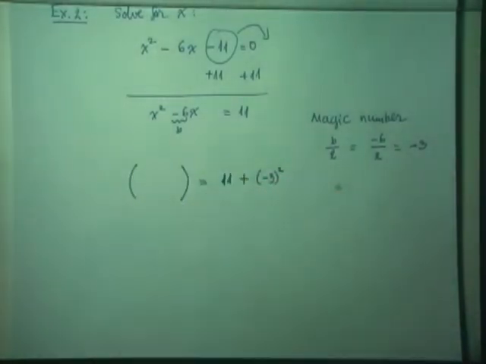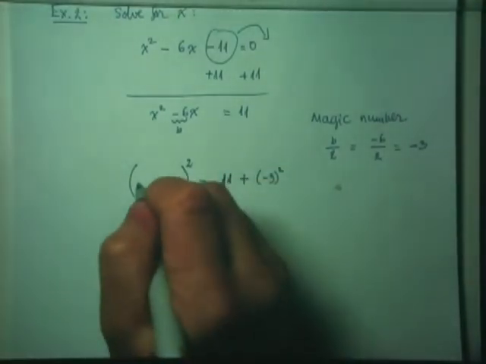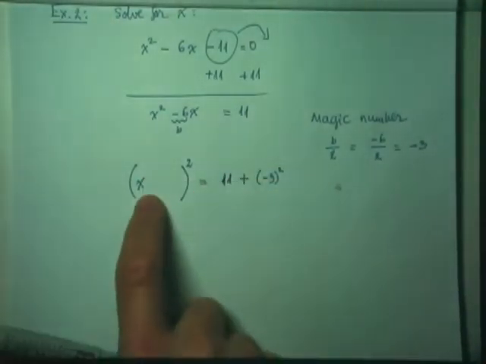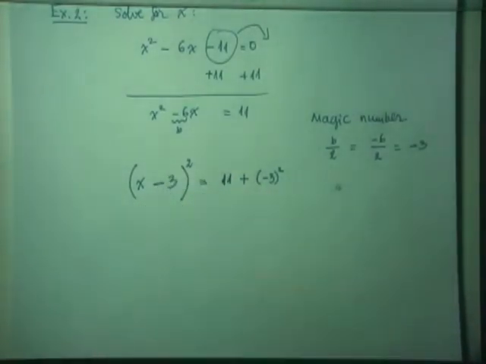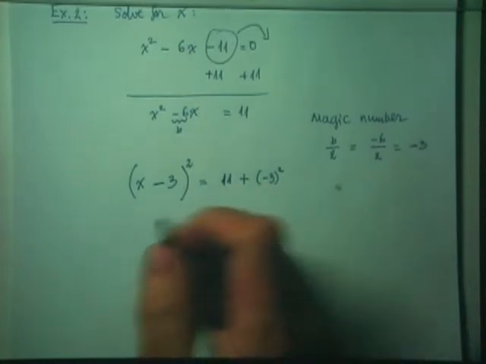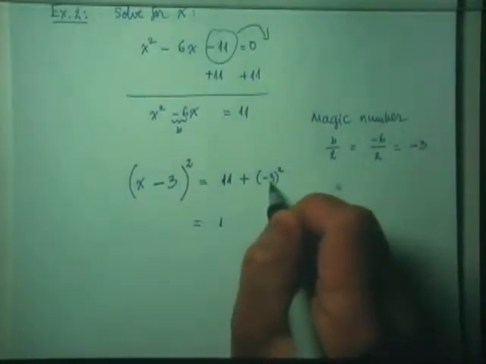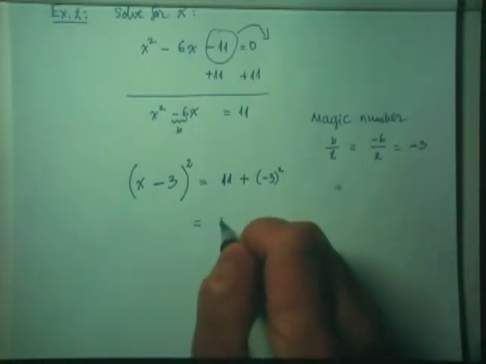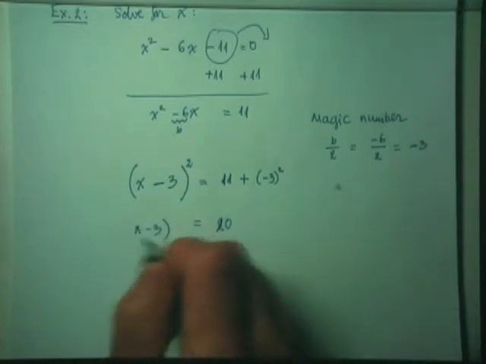I'm producing for myself one pair of parentheses with a square, and then with the x inside the parentheses, no square, and now here I just simply put in my magic number, minus 3. Okay? So now cleaning up this equation, negative 3 all squared is positive 9, 11 plus 9 is a positive 20. And on the left hand side I have x minus 3 all squared.